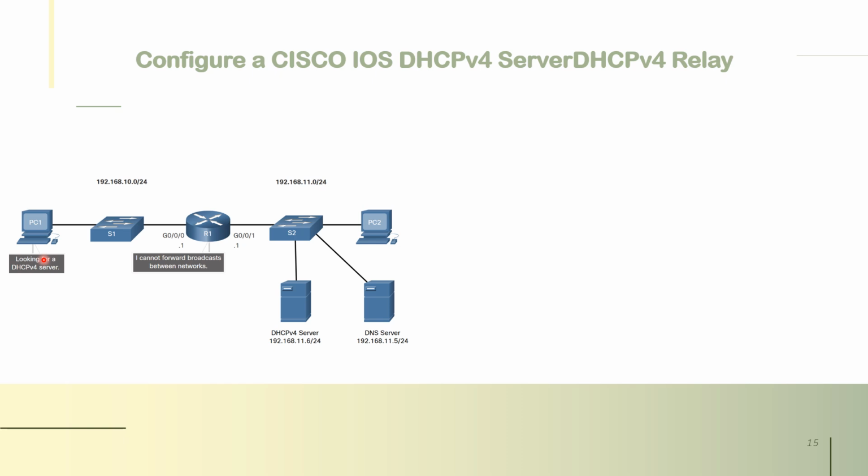Because the DHCP version 4 server is located, as you can see, in a different network, PC1 cannot receive an IP address using DHCP. Router 1 must be configured to relay the DHCP version 4 message to the DHCP version 4 server.